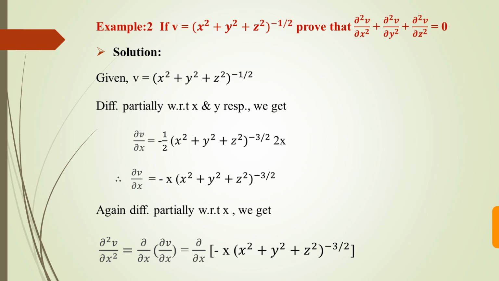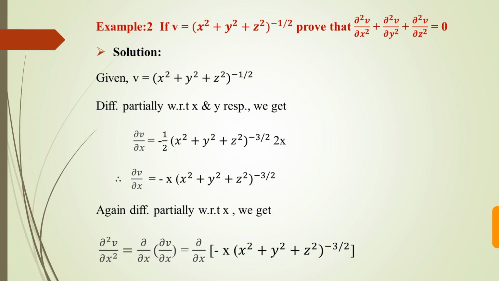Therefore, we can take the partial derivative of v with respect to x, y, z respectively, and we'll get first ∂v/∂x is equal to -1/2 into (x² + y² + z²)^(-3/2) into again the derivative of x² + y² + z² with respect to x, that will become 2x, according to the derivative of x^n is equal to n x^(n-1).